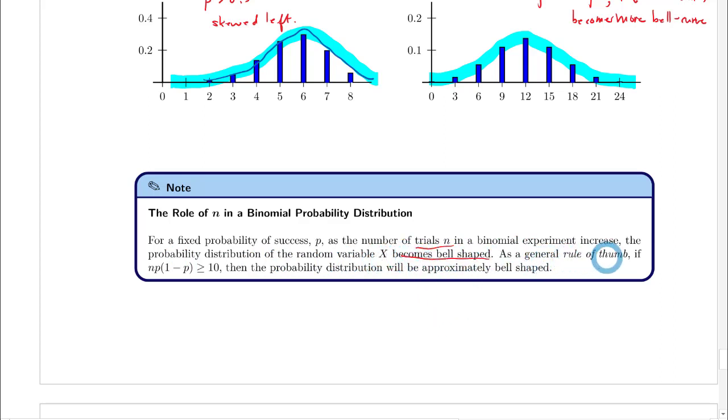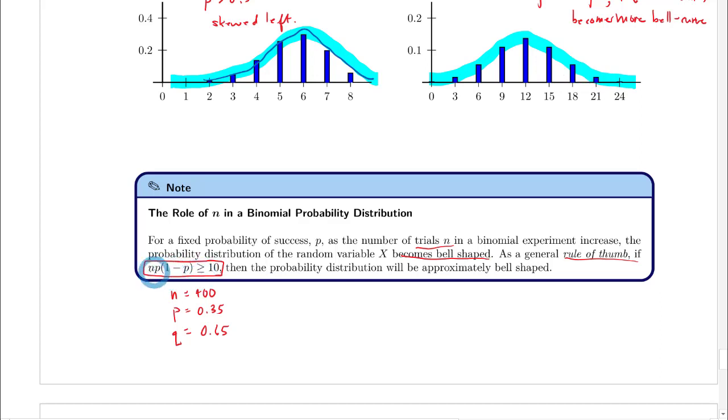A general rule of thumb to make sure this happens is this calculation here, this inequality. Let's take the previous example, where I had 400 households and the probability of success was still 0.35 and the probability of failure was 0.65. Let's see if this is actually true, because this happened to us: we went from 20 to 400, so we should have gotten a bell curve despite our probability of success.